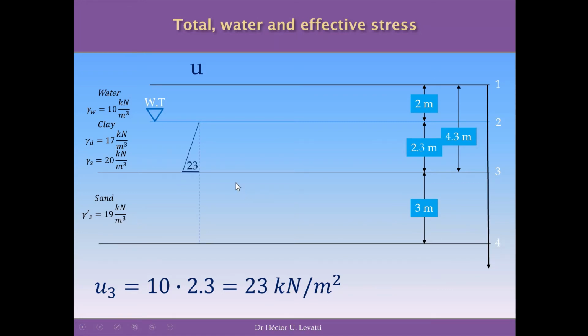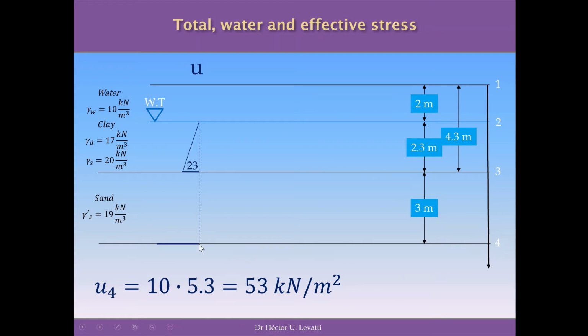And we can sketch this linear diagram of hydrostatic pressure that starts at 0 at the water table level and increases until 23 when we reach 2.3 meters in depth. The next point to be analyzed is the point 4.